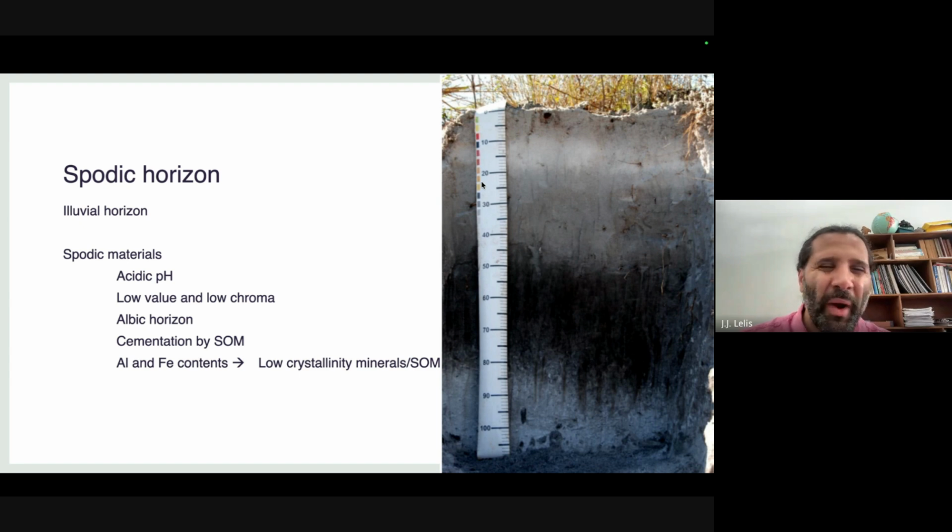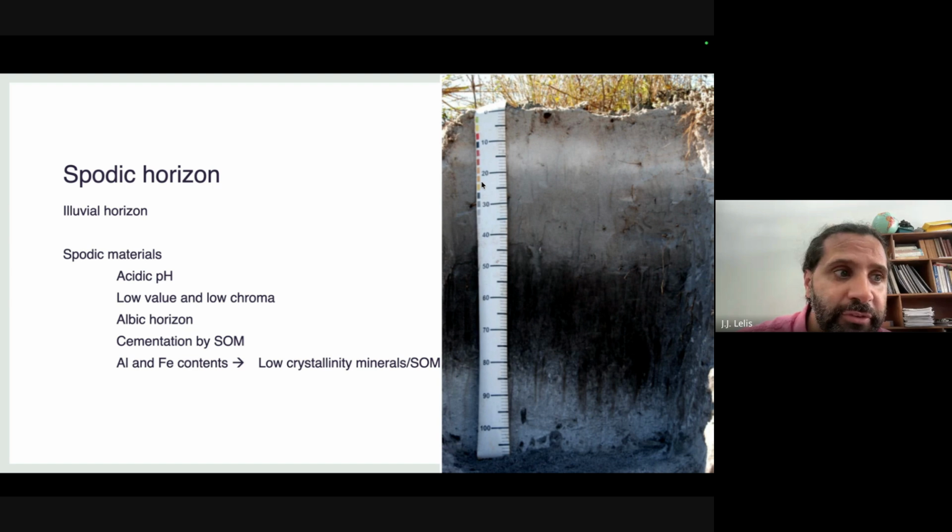So it's quite common in some temperate forests, especially the coniferous forests, that they produce a litter that's quite rich in lignin. And lignin is quite hard to decompose. So the microbiological activity trying to decompose lignin produces a lot of acid. And this acid will react with the clay minerals, destroying them.